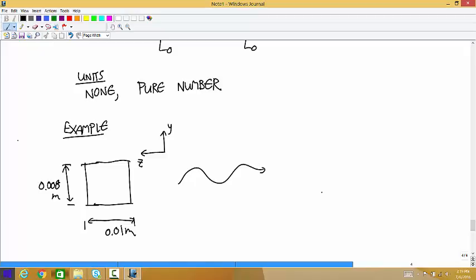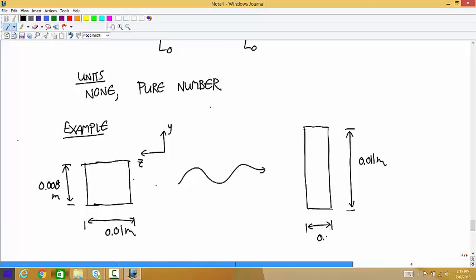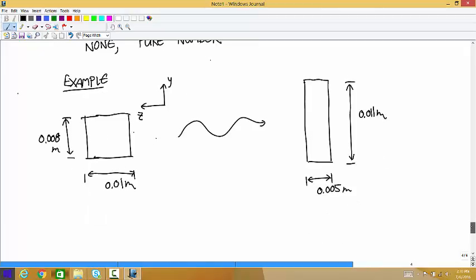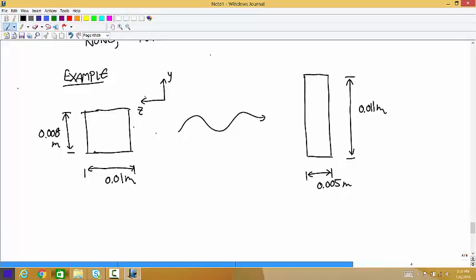And after the deformation, I drew this really exaggerated, but after the deformation, the height is 0.011 meters, and the width is 0.005 meters. And let's say there's no change in the x direction.